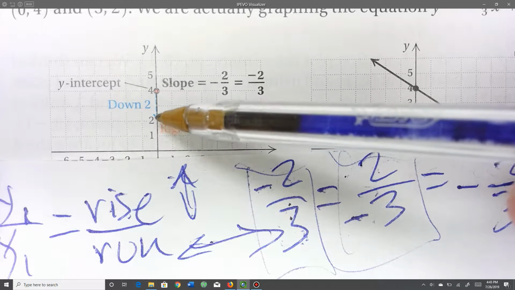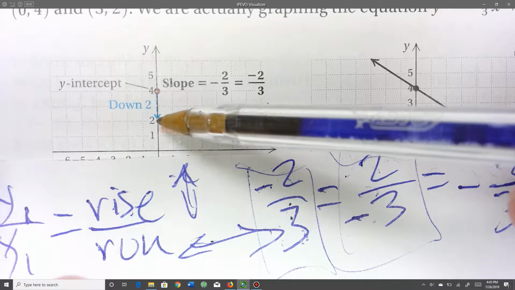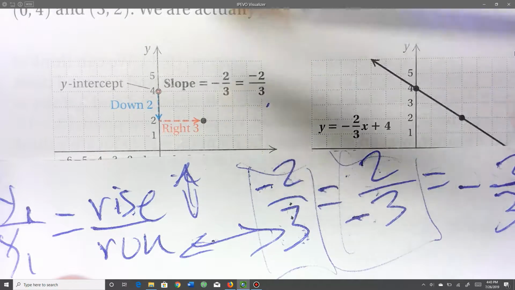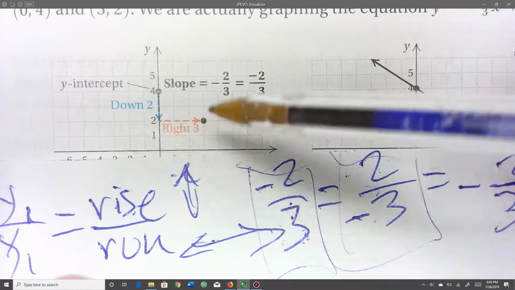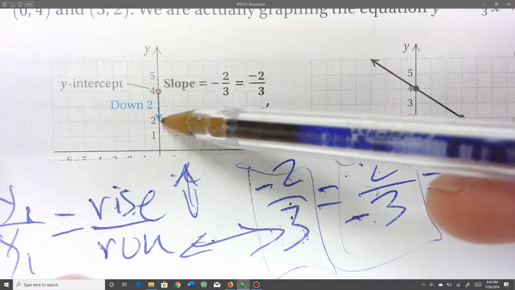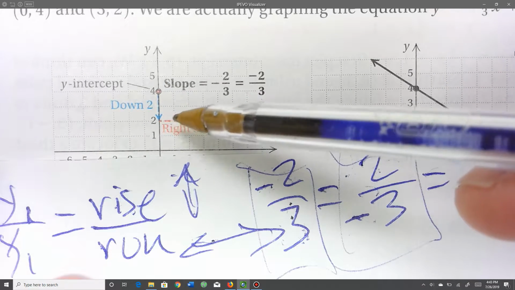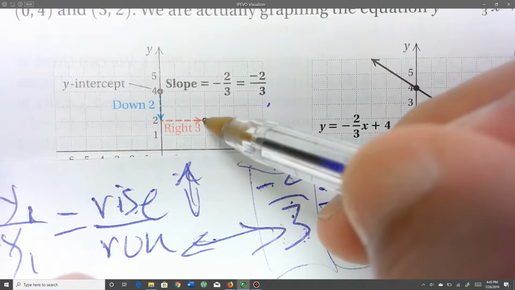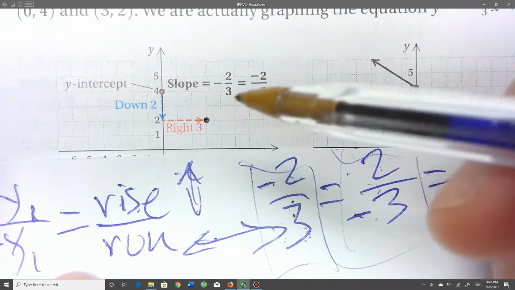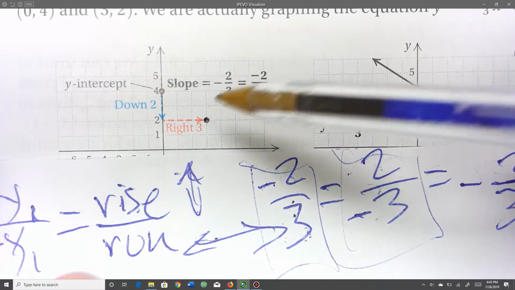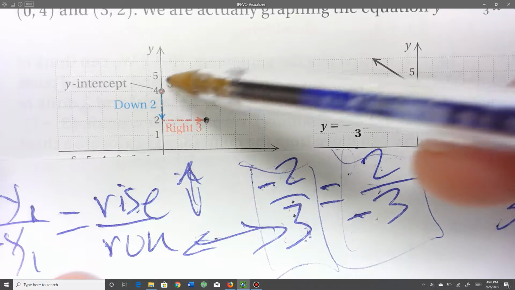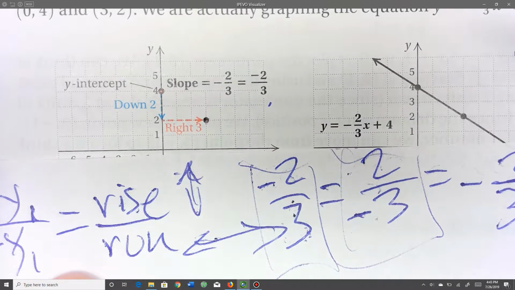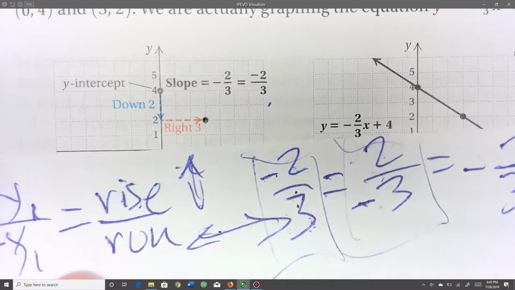Do not plot anything there yet. I'm not done. I need to do my run, and my run is +3. That means I move left or right. It is positive, so I run to the right: 1, 2, 3. Then I plot my point. Now I have 2 points, and I'm ready to graph.